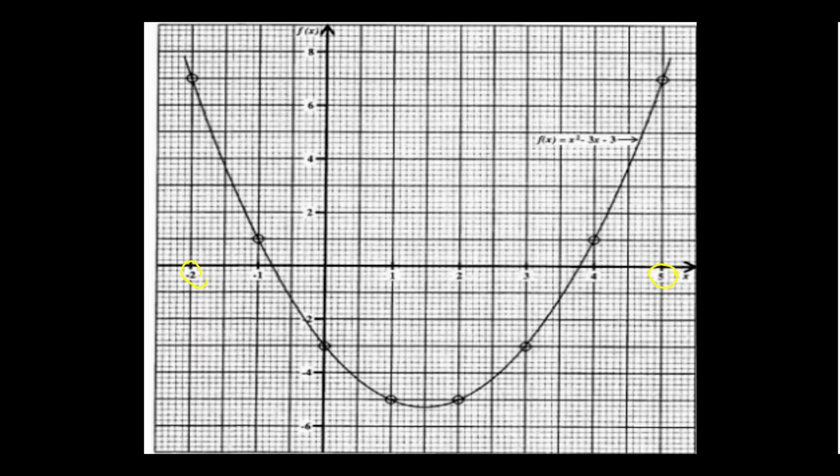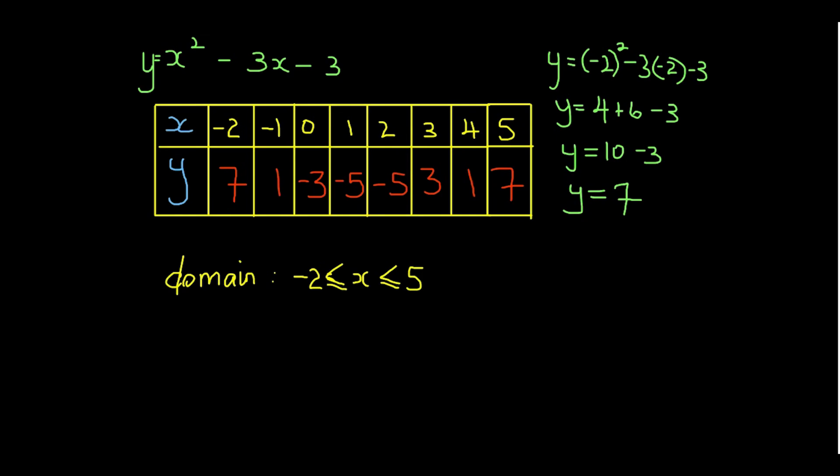Right? We can see all the points that they have plotted here correspond to the table of values. So, like I was saying earlier, one of the objectives is to make sure that we can get the ordered pairs for the quadratic. You'll remember how to get your ordered pairs from your table. Anybody wants to just suggest an ordered pair that we will plot for this quadratic? -2 and 7, yeah, very good.